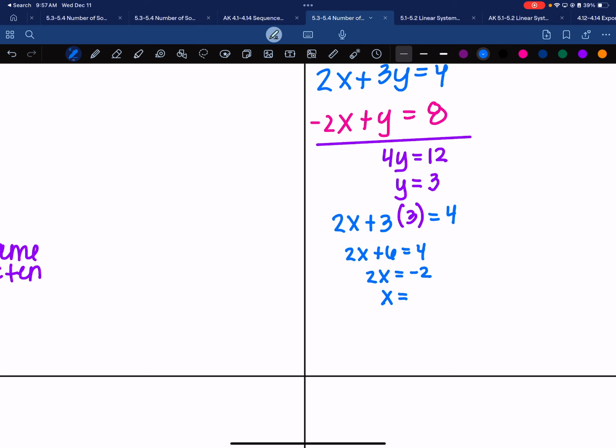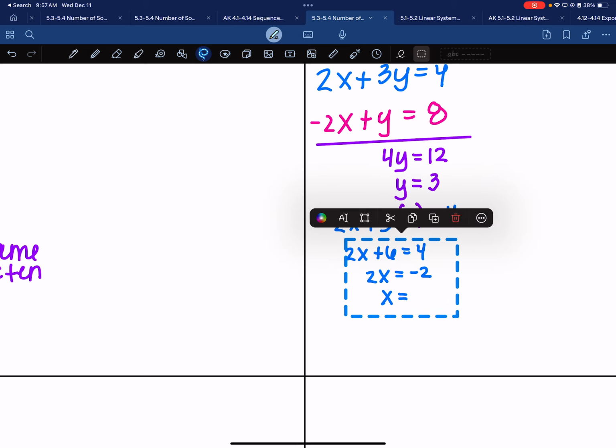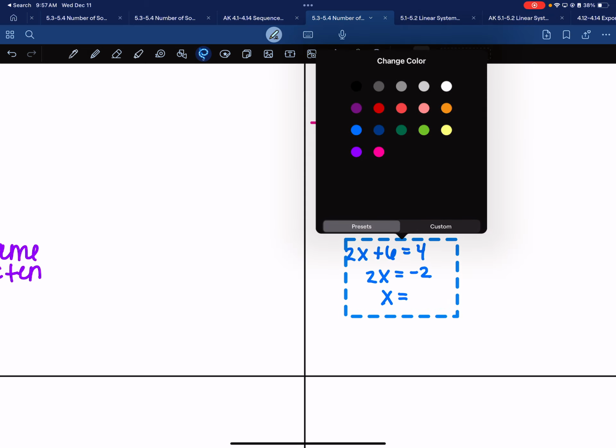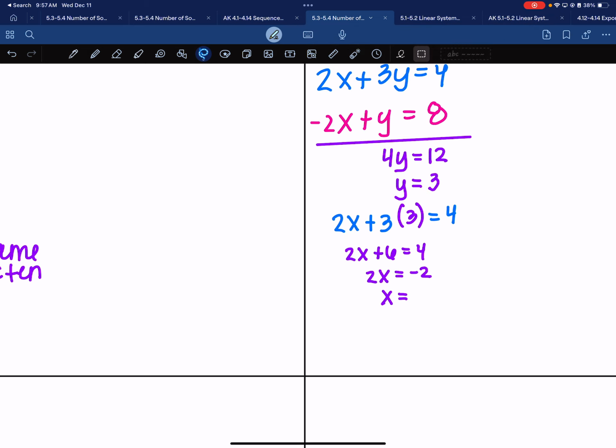So x equals, I want to make this purple. X equals, what'd I do wrong? Oh, math is hard.